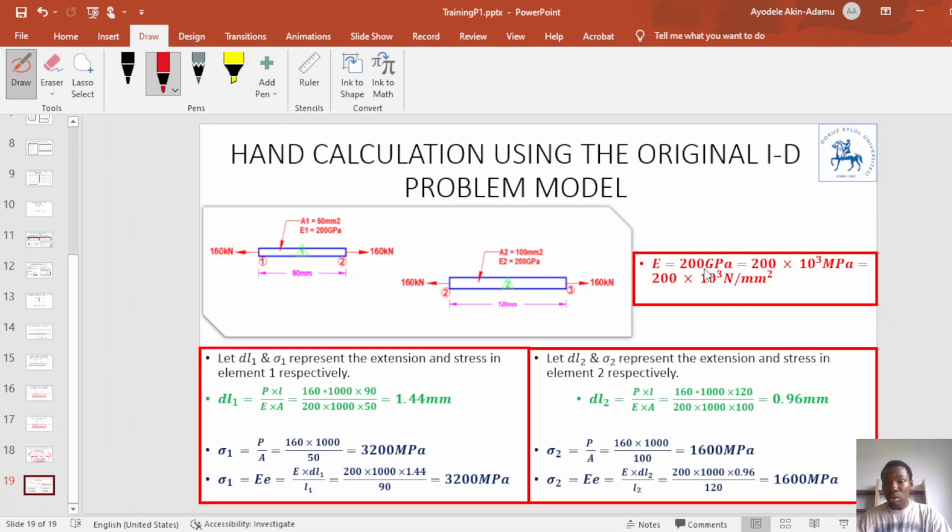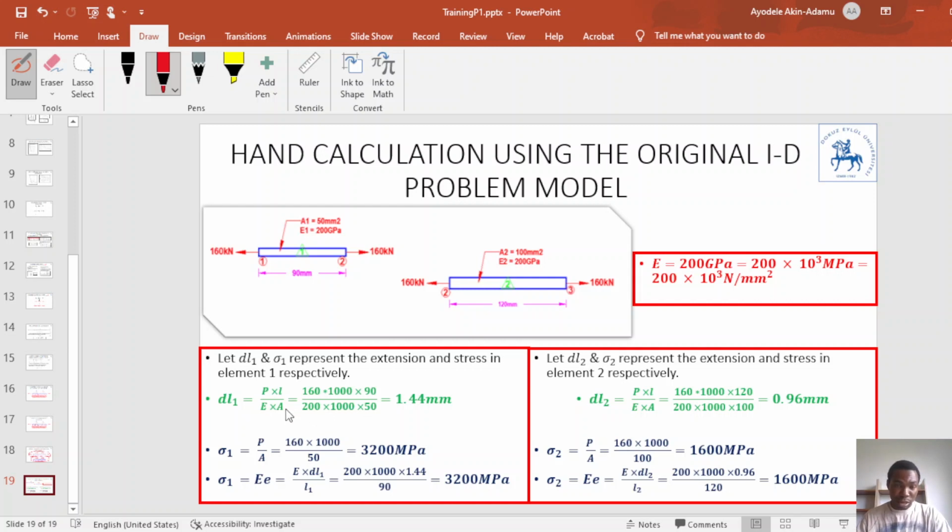Say we have 200 gigapascal. This is equal to 200 times 10 to the power 3 megapascal, which is also equivalent to 200 times 10 to the power 3 Newton per millimeter square. The unit I want is Newton per millimeter square, so my E is 200 times 10 to the power 3 Newton per millimeter square. That is why I have 200 times 1000 here.